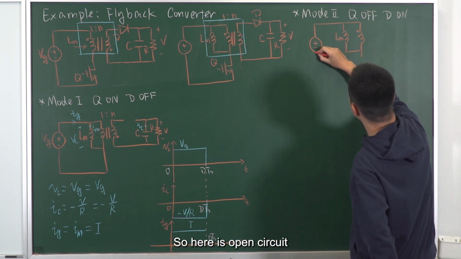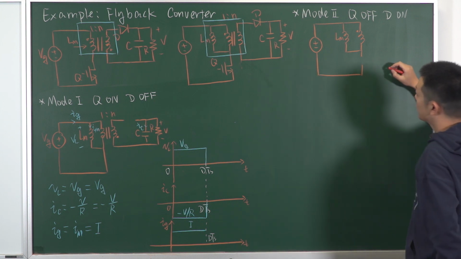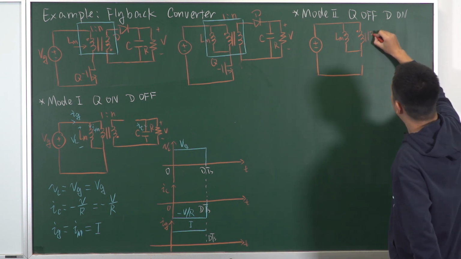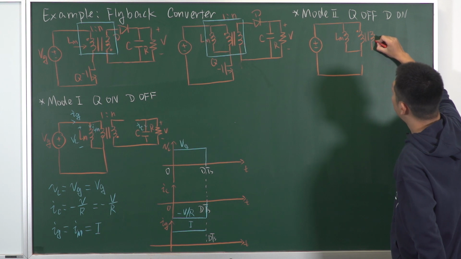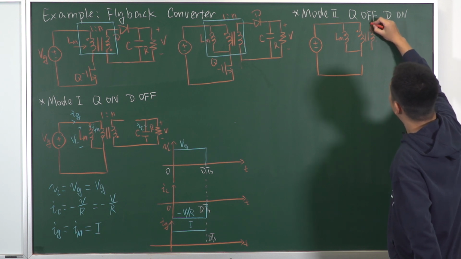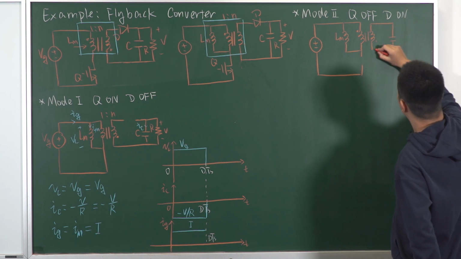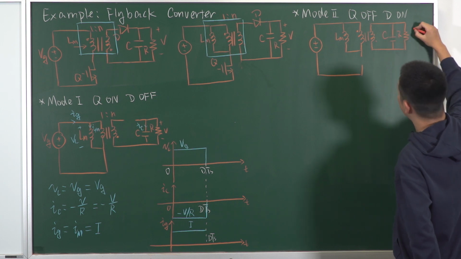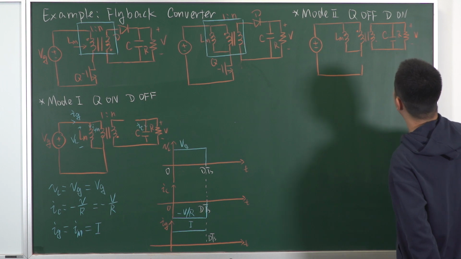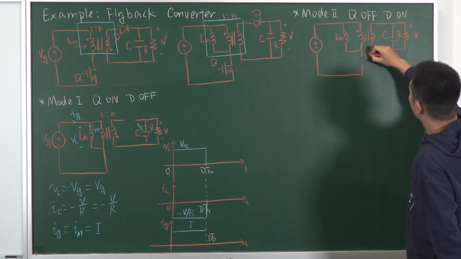Here is the open circuit. The diode is shorted. The turns ratio is 1 to n.